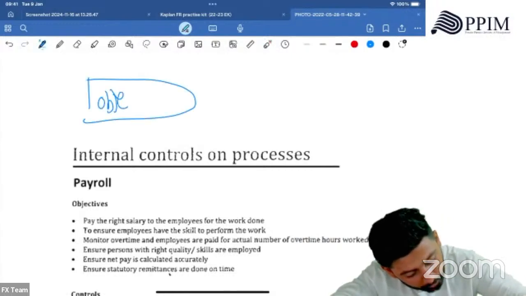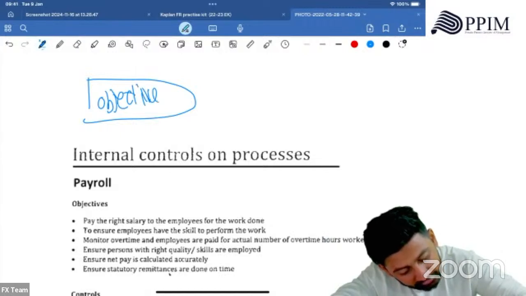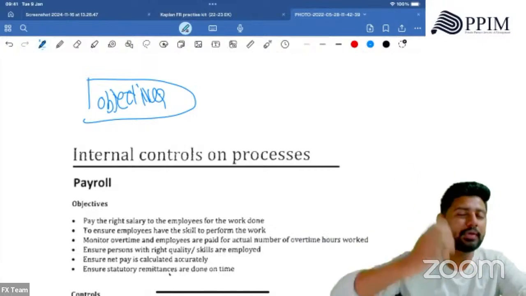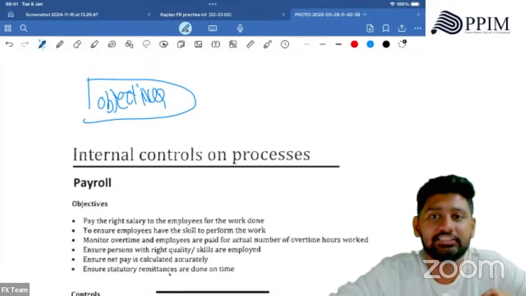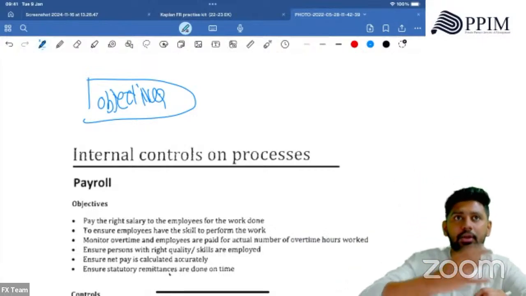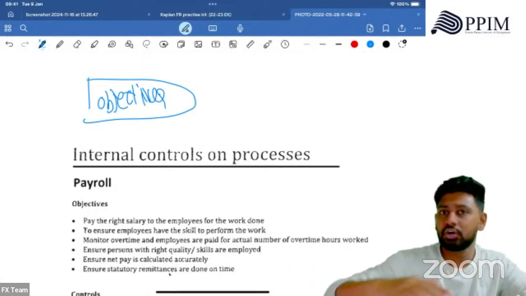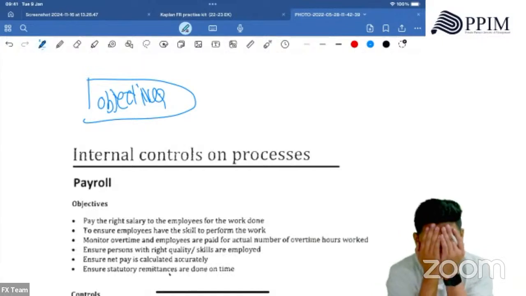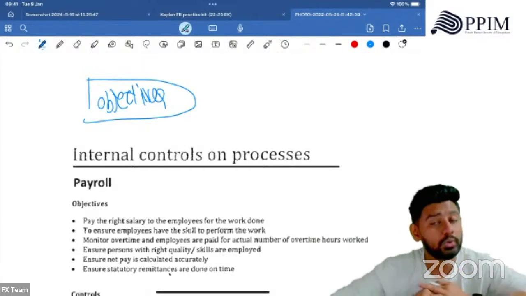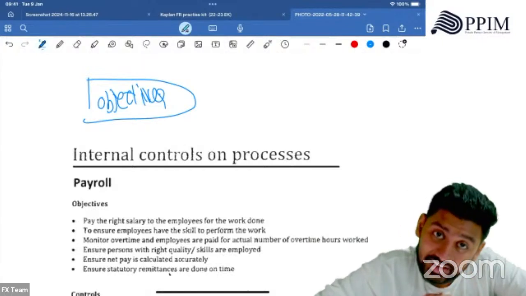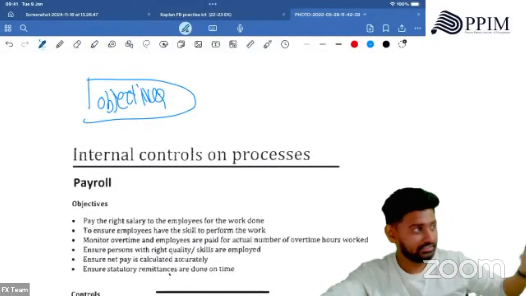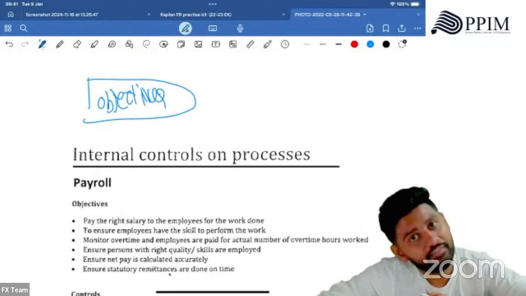If it's a sales system, you need the system to make sure you sell goods only to valid customers, not to people you do not know, who do not have proper creditworthiness. So you need a system designed to define the purpose, our objectives.